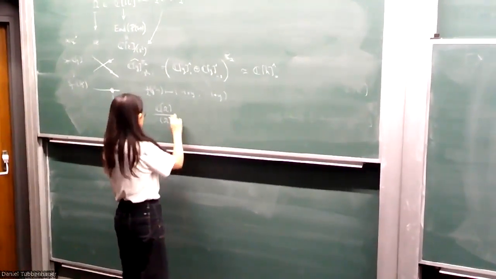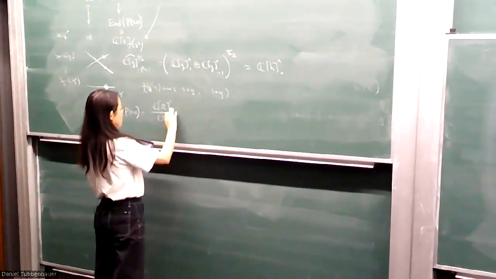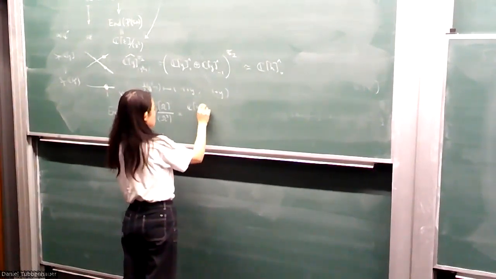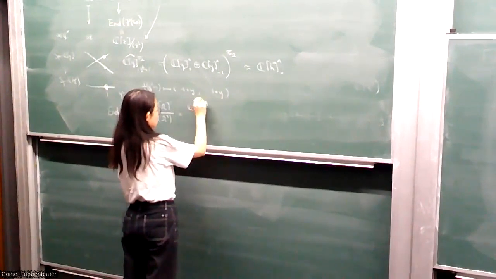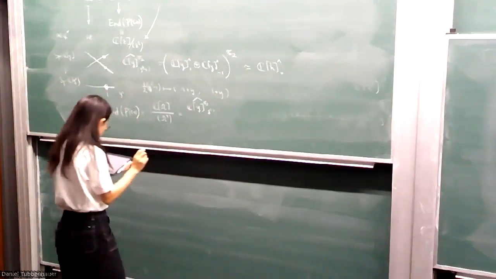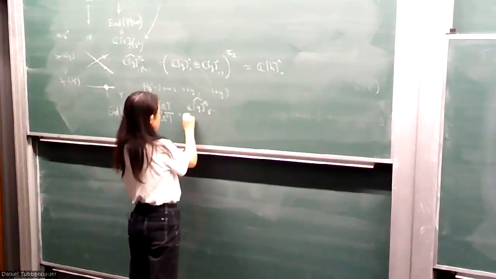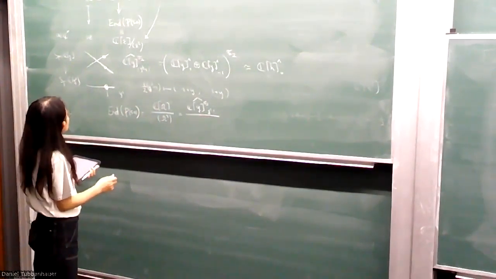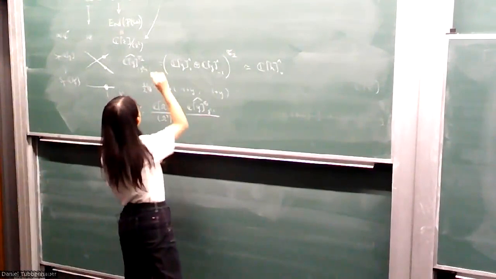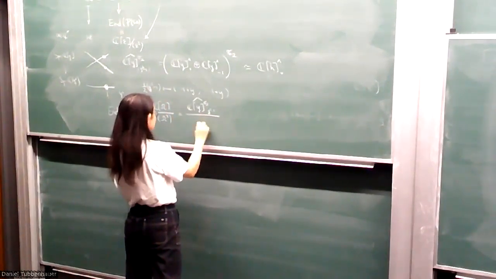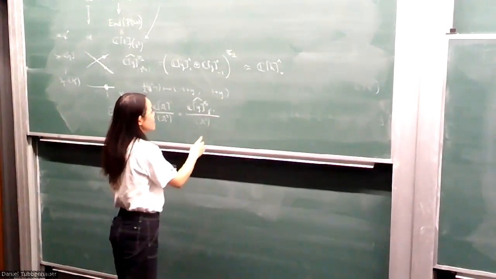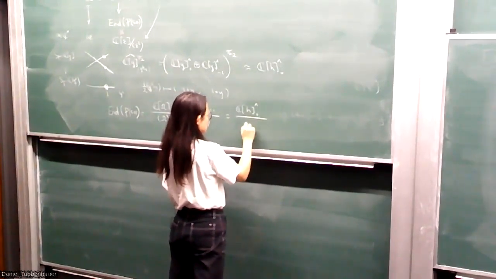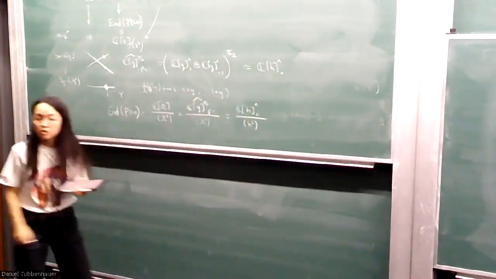This is the same as if you completed this at y squared minus 1, and then under this map omega goes to, after you quotient by the image of omega squared and this identification, C[h] completed at 0 quotient by the ideal h squared.